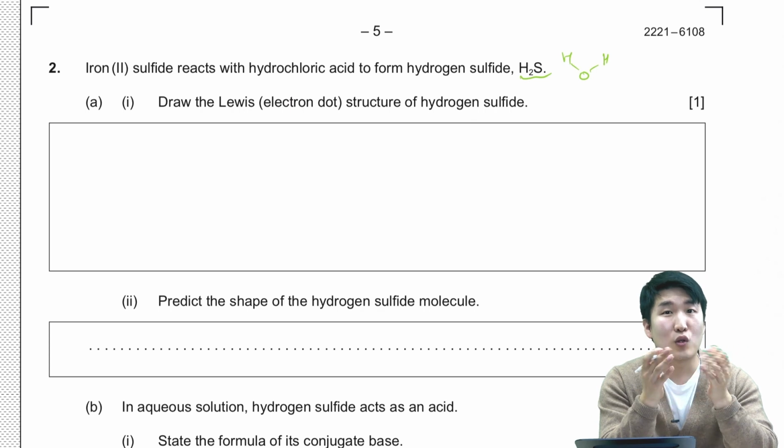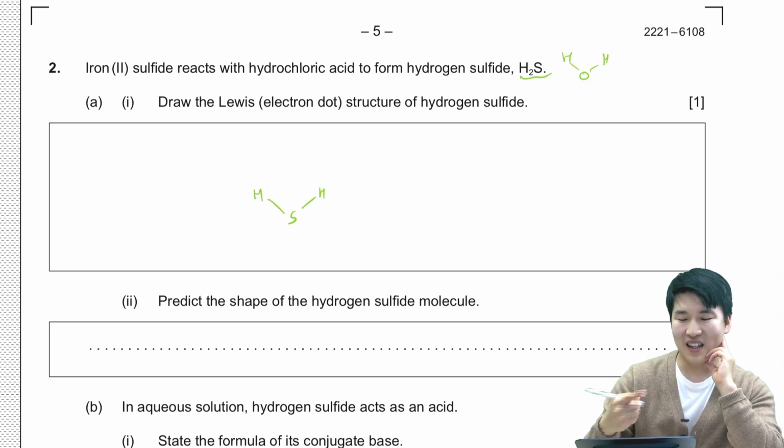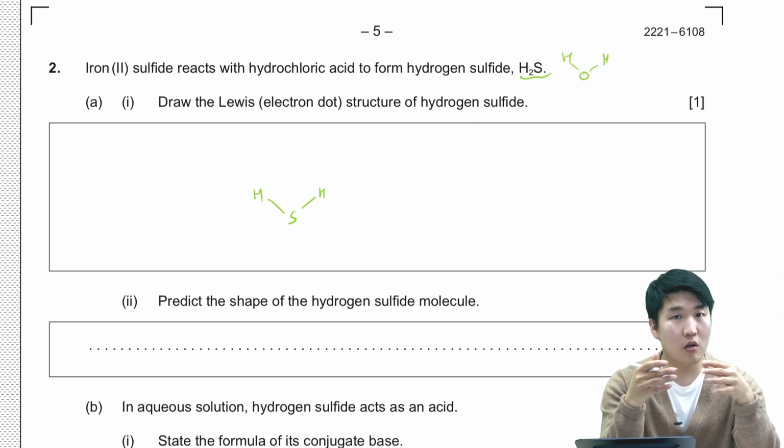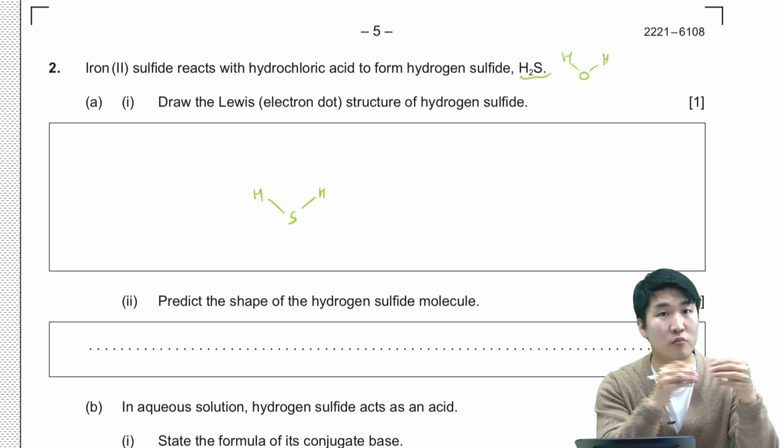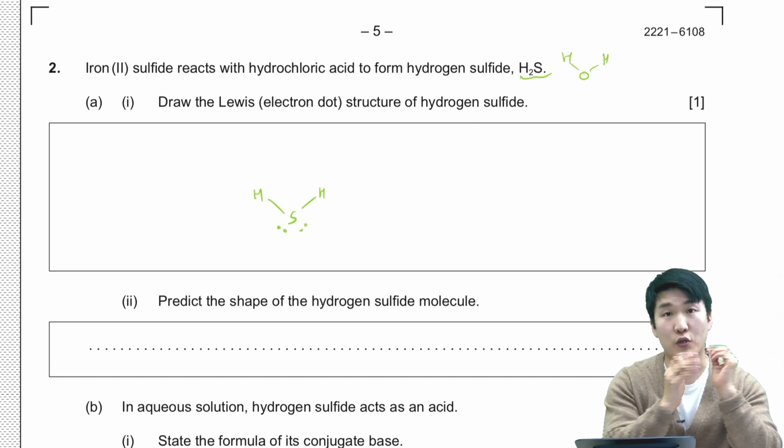We are asked to draw the Lewis structure of hydrogen sulfide, which will look as follows. Because a Lewis structure requires us to draw lone pairs, sulfur does have lone pairs, not just one, but two. We have our Lewis structure.